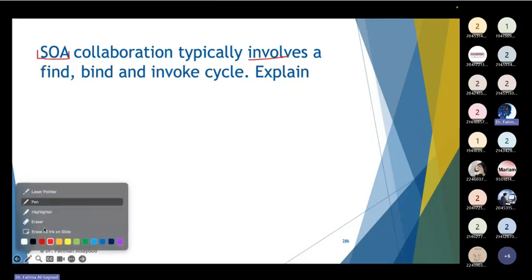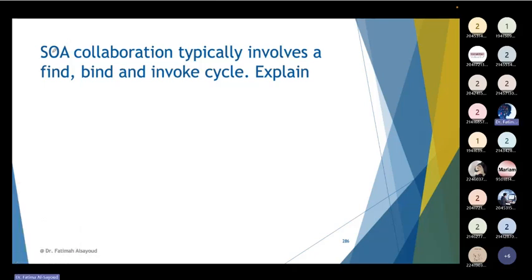I'm going to define it in another way. So service oriented collaboration typically involves find, bind, invoke, cycle. Explain. Or the question can ask you, what are the cycle of a service oriented architecture typically involved?